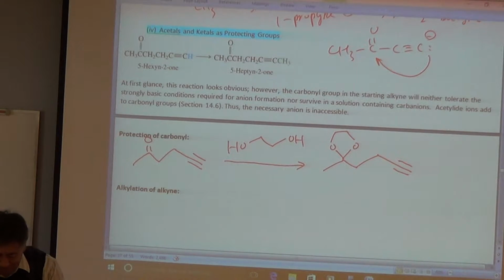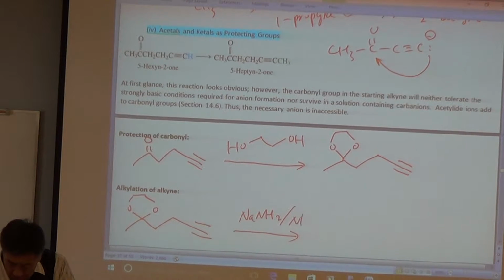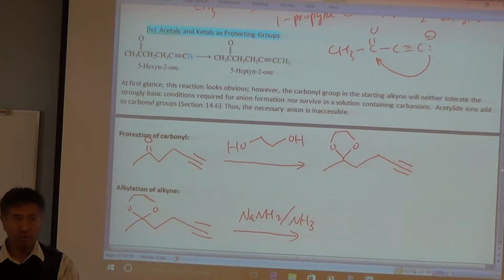Okay. So next, you can use our usual procedures. Let's see, we'll do the alkyne alkylation, and first we'll take this acetal. This is the acetal. Now I will take our strong base, NaNH2. So this is kind of a review, right?